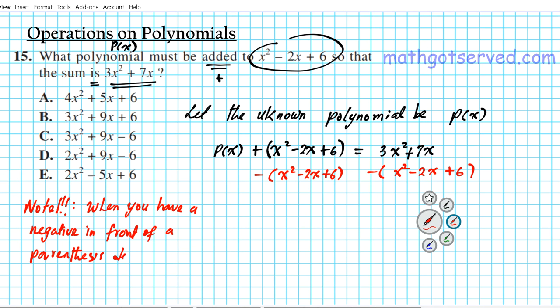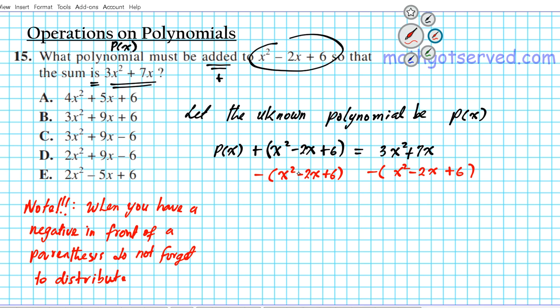Okay? Do not forget to distribute. This is where most students will mess this problem up, is forgetting to distribute that negative sign across every term here. Okay, so number one, when you're subtracting polynomials, you have to use the parentheses to group them, and then the minus on the outside has to be distributed across.